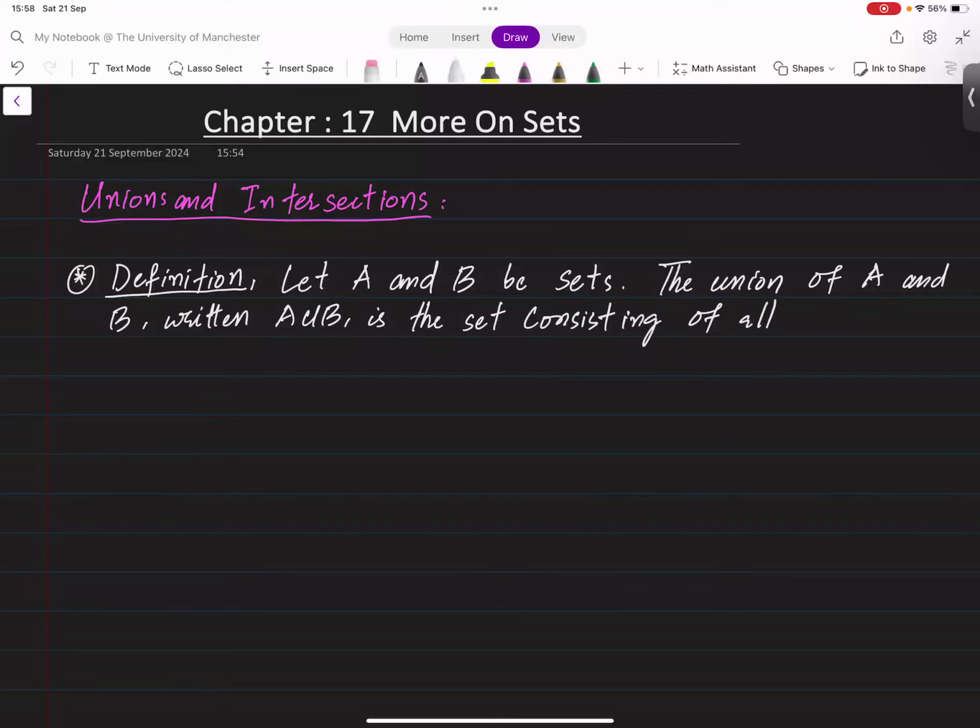that lie in set A and B, or you can say in either A or B, or both.